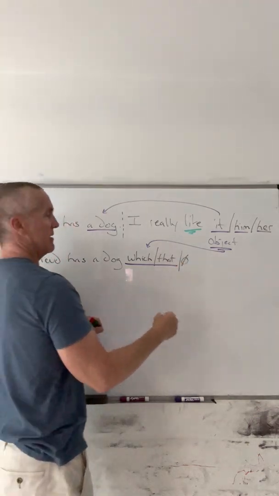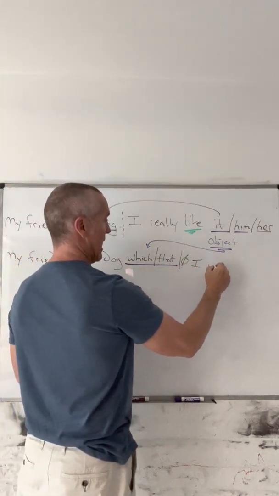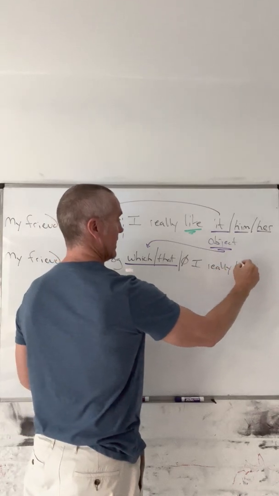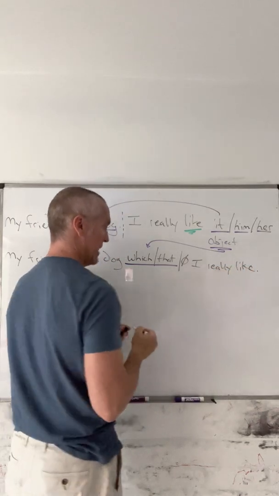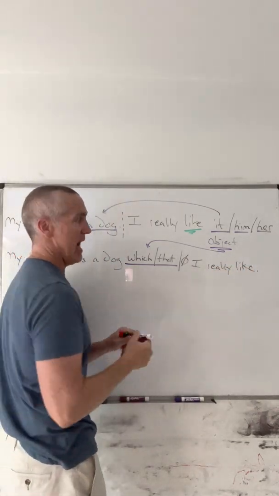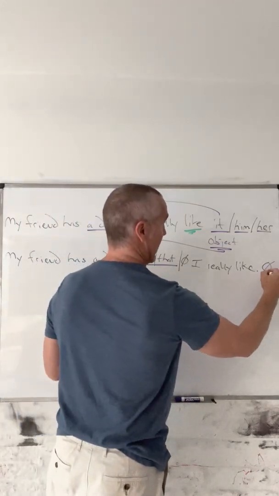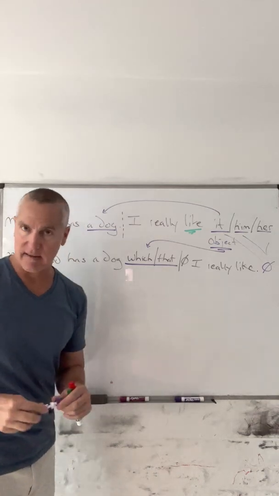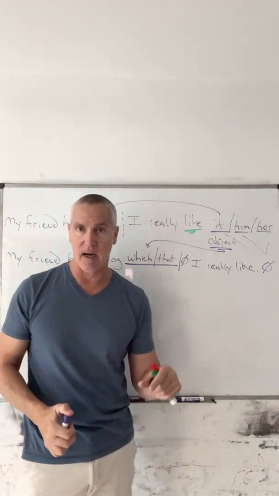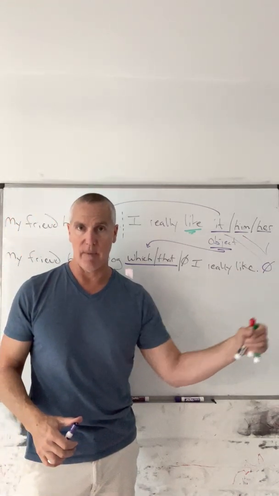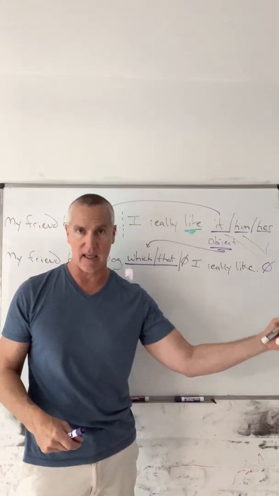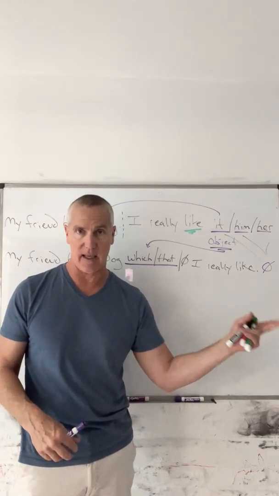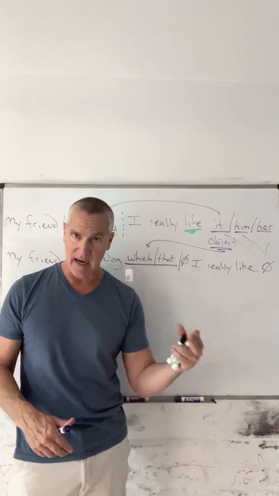My friend has a dog that I really like. And remember, you cannot include that object reference here. You cannot say, my friend has a dog that I really like it, or my friend has a dog which I really like it, or my friend has a dog I really like it.